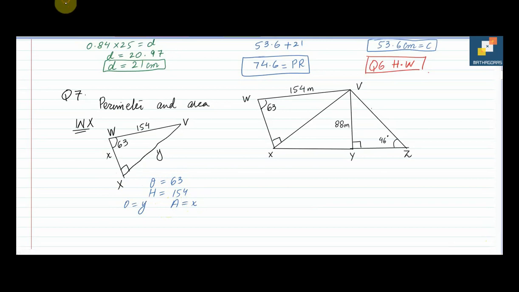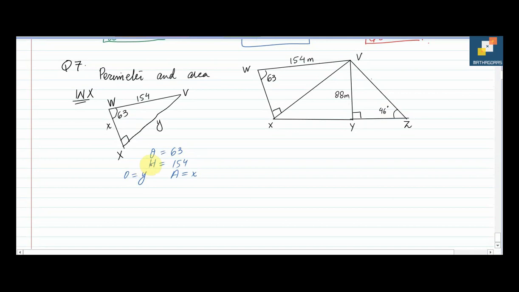Now first I am going to consider this value, and this value, right? One unknown at a time. So it will be opposite and hypotenuse comes in sine. So sine, angle is 63, opposite is y, and hypotenuse is 154.